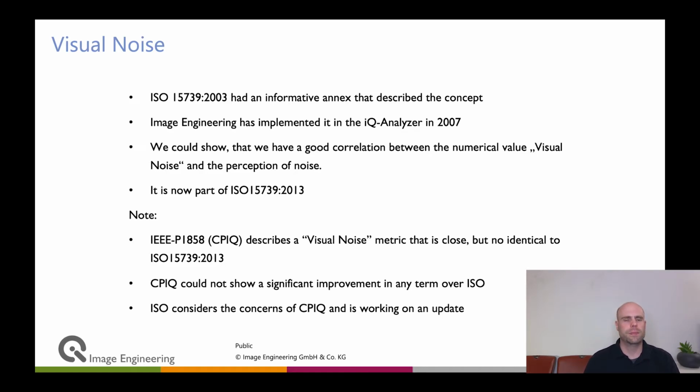Actually, they never could really show that it is improved, and I personally haven't seen significant issues with the ISO approach. Therefore, decide for yourself, have a closer look at that. But we at Image Engineering will follow the ISO standard. There are activities going on reviewing it, and there might be an upcoming ISO standard that might have changes, but the core concept, I think, will remain the same.